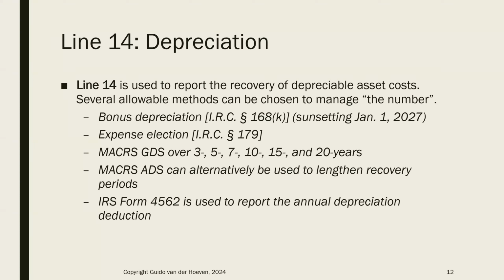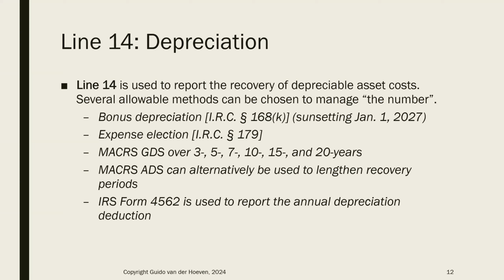Now, there's also the ADS system, and that can be used to lengthen recovery periods. So 3-year periods become 4, 5-year periods become 7, 10-year periods become 15, 7-year periods become 10, 15-year periods become 20, 20-year periods become 25. Why would we want to do that? Tax management.